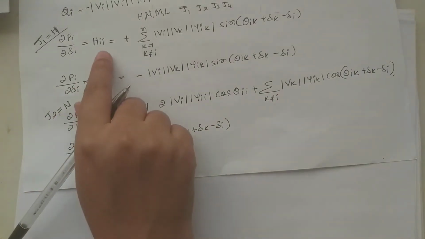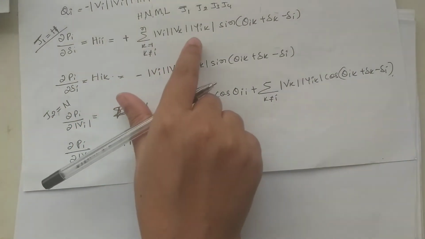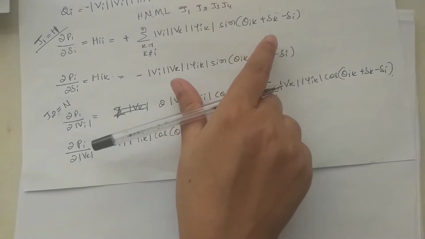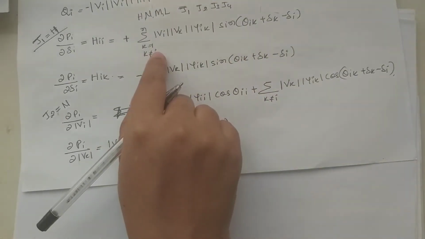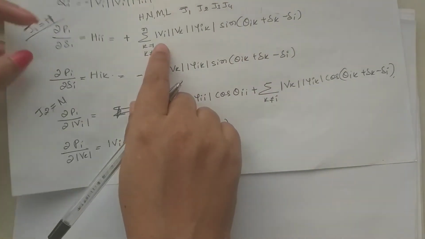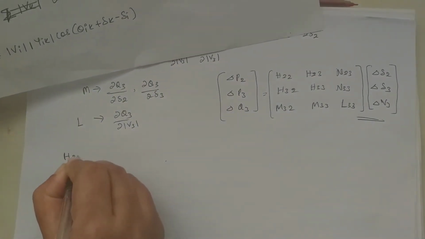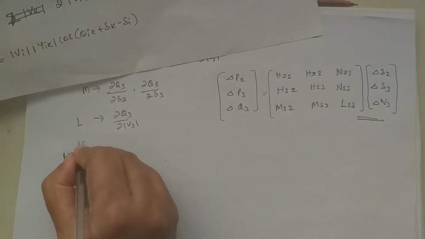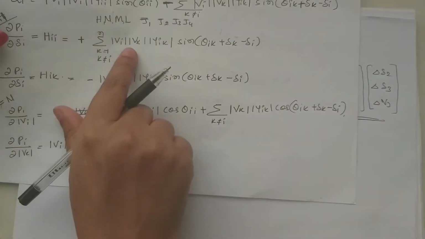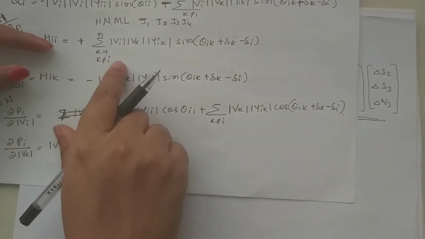The diagonal element Hii is equal to summation Vi Vk Yik sin theta ik plus delta k minus delta i, but k is not equal to i. Calculating H22, i is 2, k varies from 1 to 3 but k is not equal to i.